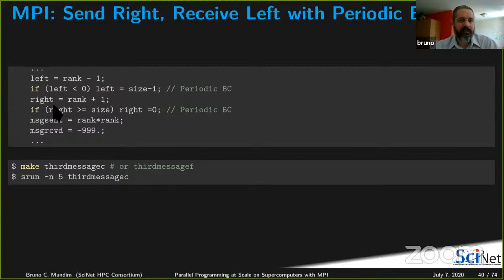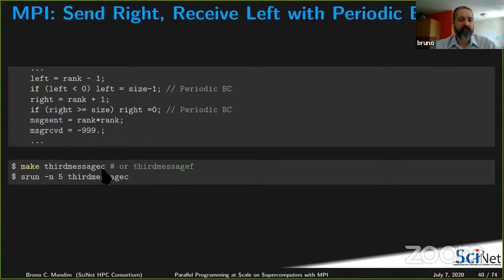That's fine. But if the right is greater than the size, if in my loop I reach the last point of the task, then I assign the right to be the 0 processor. I do the same sort of send and receive messages.